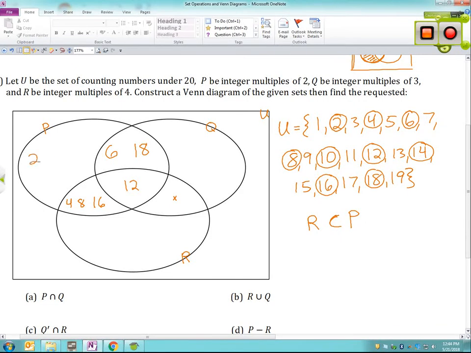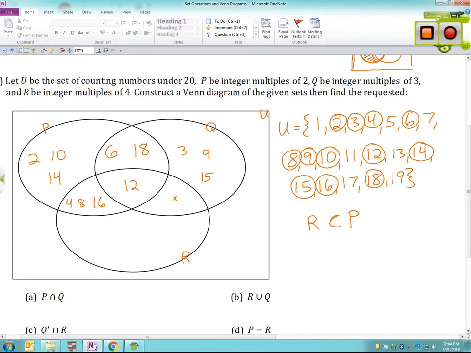So 2, 10, and 14 get added out here. So we now have all of the multiples of 2 inside the P bubble somewhere. And then for Q, I'm looking at multiples of 3 not already named, and that's going to be 3, 9, and 15. So 3, 9, and 15.